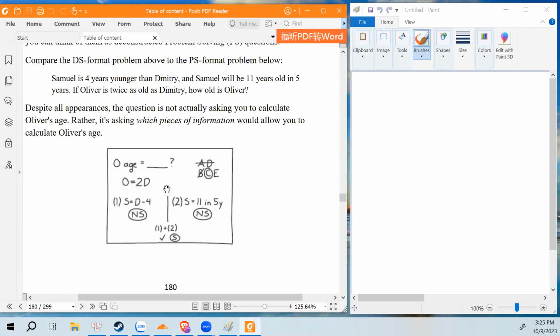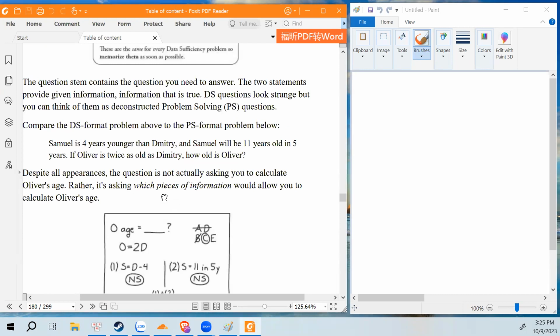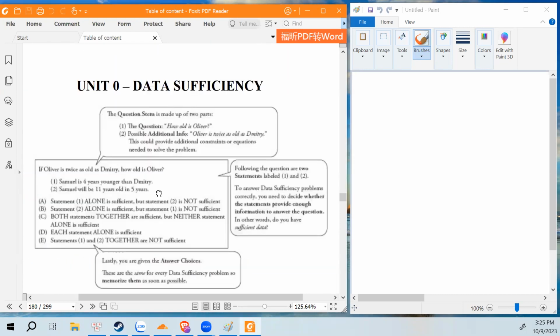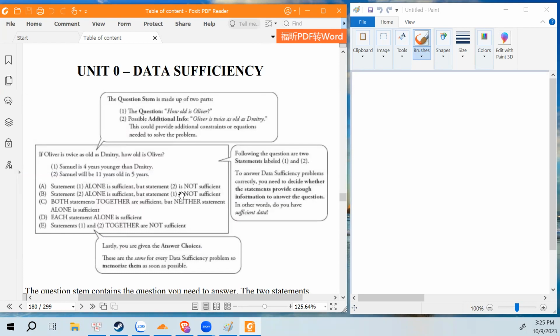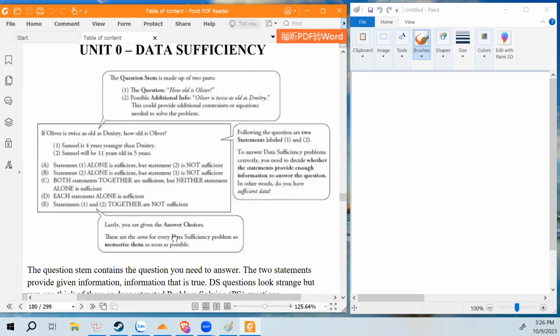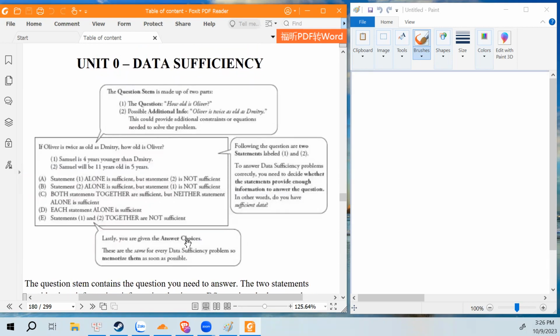Hi, everyone. So in this video lesson, we're going to cover the data sufficiency questions in the quantitative section on the GMAT. Data sufficiency, unlike problem solving, doesn't really ask us to find the value of a certain variable, even though sometimes the questions could be phrased very similarly.